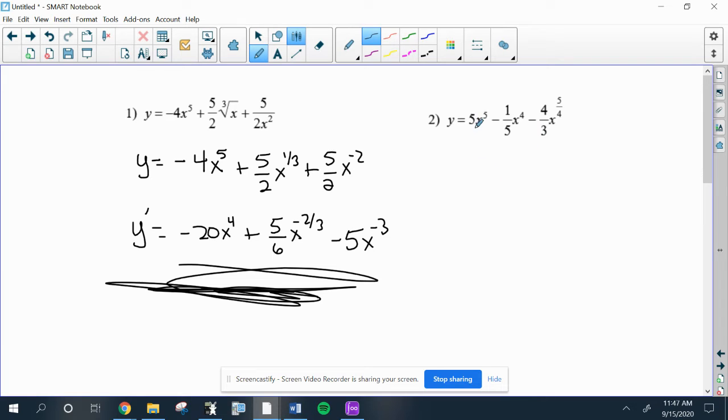Next one. Next one, it's in completely differentiable form because all the x's are up top, and all these constant multiples are right in front. So we can take the derivative right now. Multiply, subtract, multiply, that is a 4. Multiply, subtract, multiply.